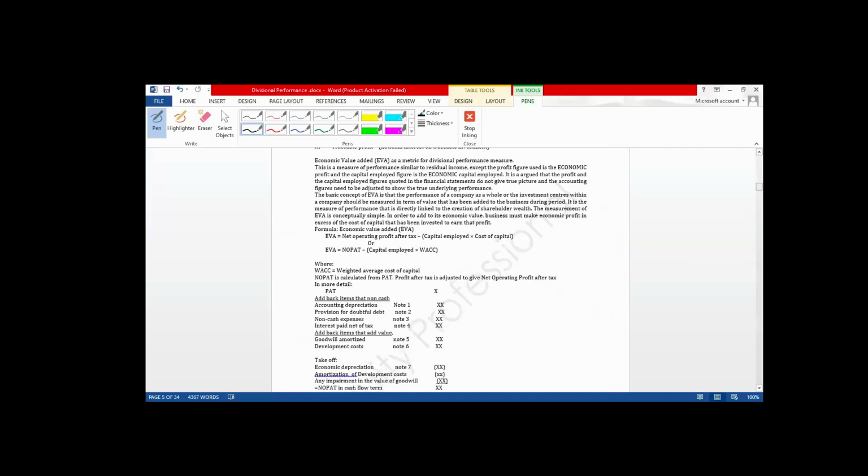However, your income statement may not contain all these adjustments. Training, development, cost, research, they all fall under development cost.